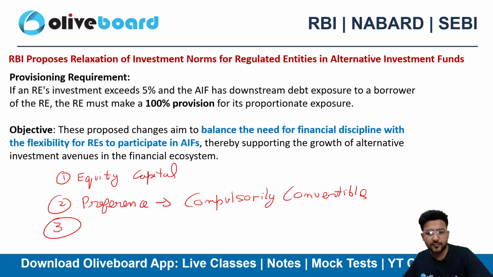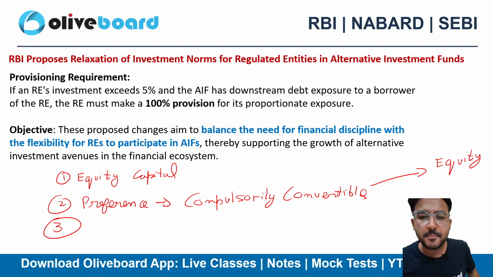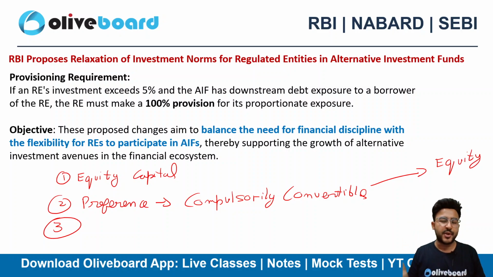You all know what preference share capital is all about, right? Now this preference is compulsory convertible into equity. Now it's as good as equity only for me, right? If it's compulsory convertible into equity at some point of time, then definitely I'll treat it at par as equity for this particular transaction. So no restrictions on these kinds of things.